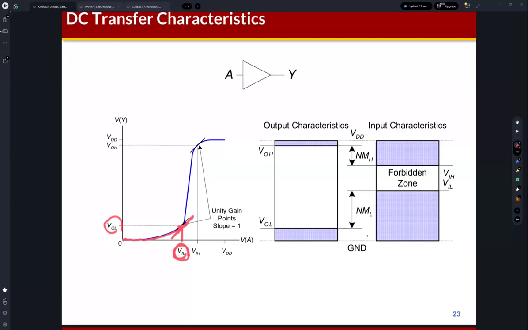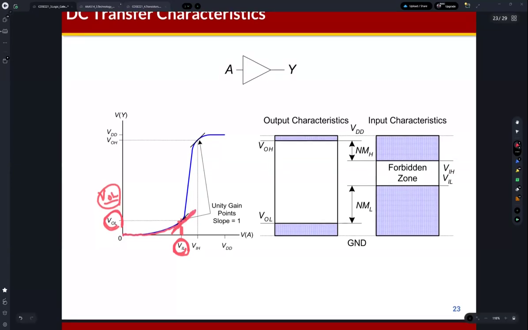So at this point we define this as the VOL. So this is some output, the kind of allowable output from this driver. Okay, because until this point the system works stably.